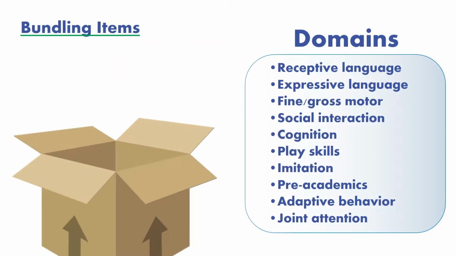Another way that we do this is to take items from different domains that fit together well in a single objective. In this particular example, you're going to see a play item, a fine motor item, and an imitation item all brought together in a single objective.